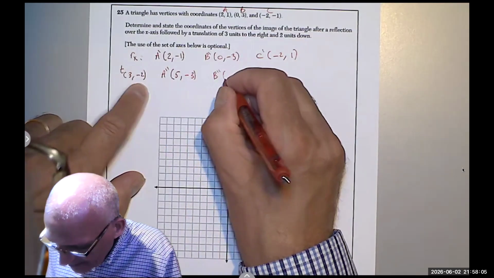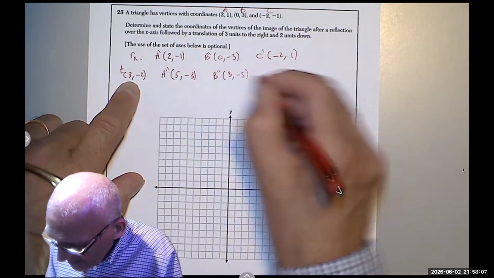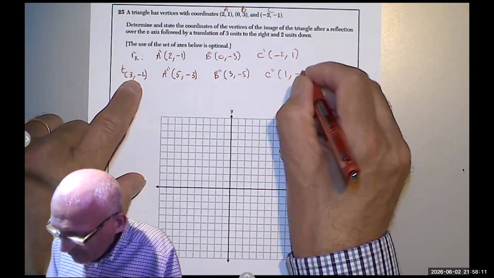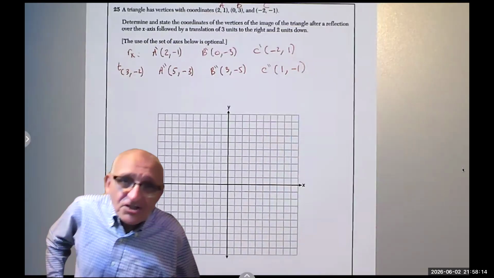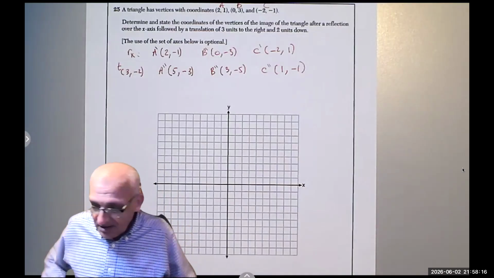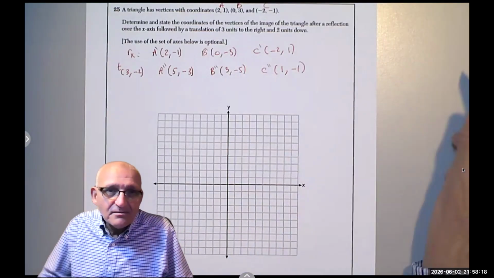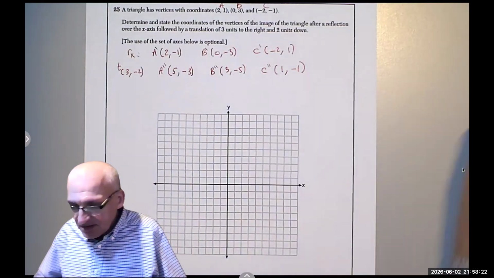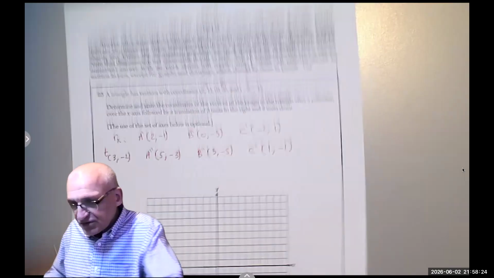B double prime would be (3, -5), and C double prime would be (1, -1). And that's it. You don't need to plot it. You could, but it's going to take time, and since they say the use is optional, there is no reason to waste your time. So that's the first question.